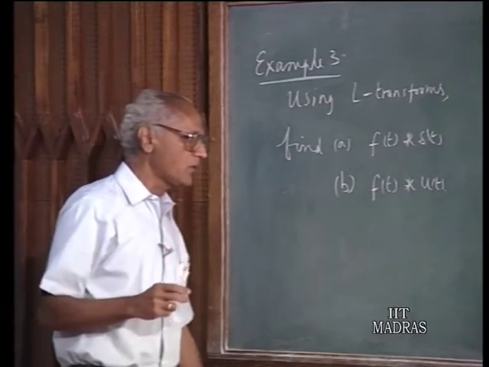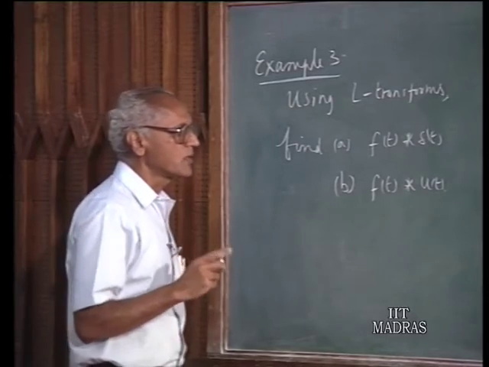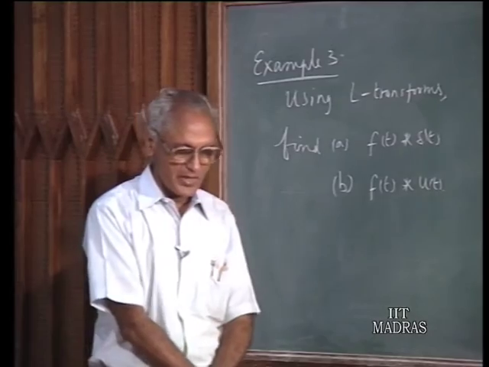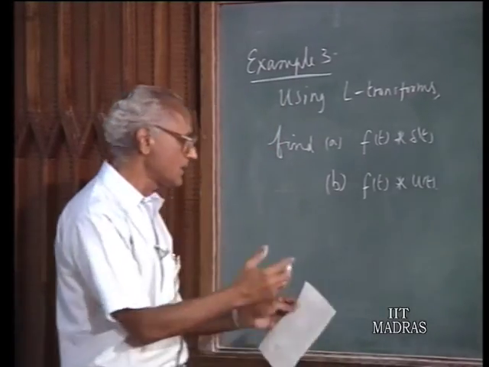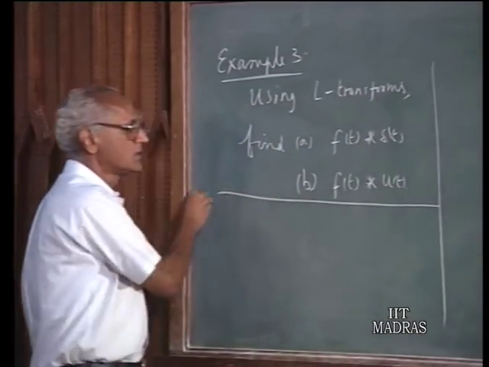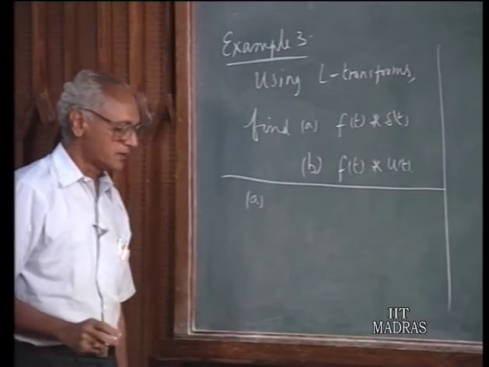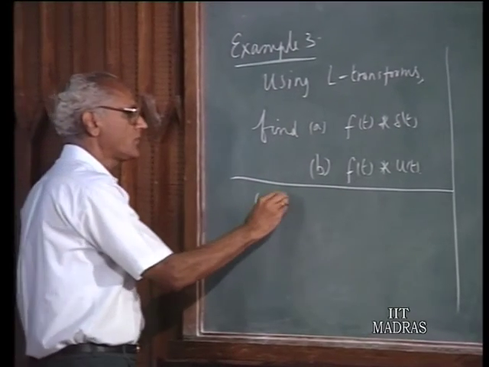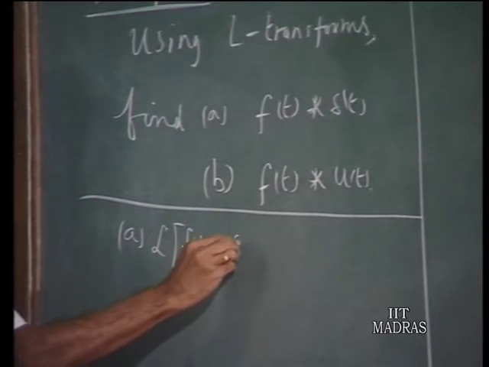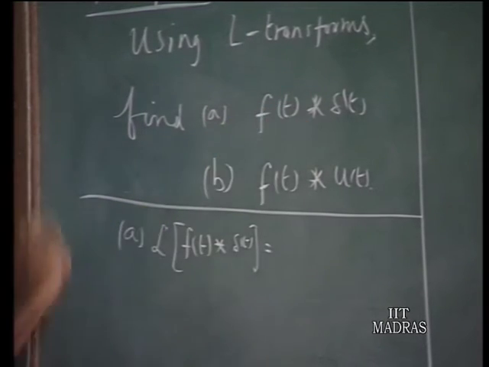And when we talked about the integration rule under Fourier transforms, you recall that f of t convolved with u of t has been shown to be the integral of f of t. We will see these results here using Laplace transforms. So, for a, we know that the Laplace transform of f of t convolved with delta t is the product of the Laplace transforms of the two individual functions.